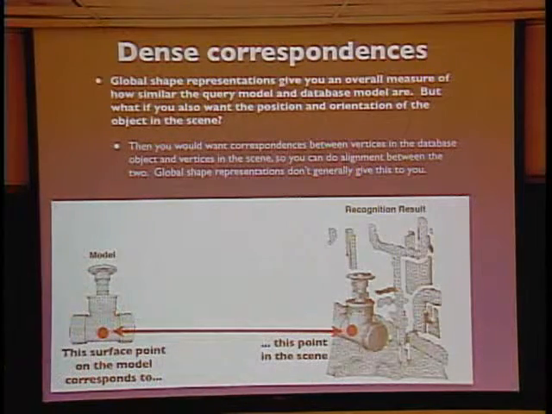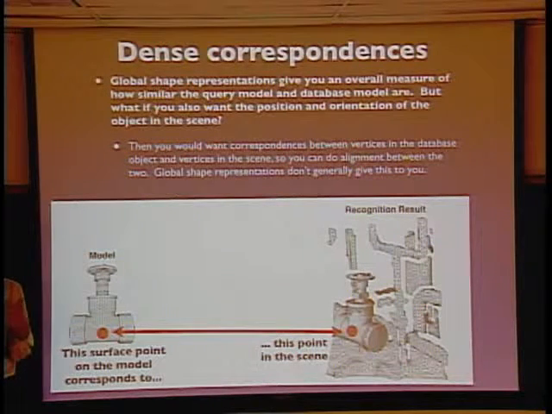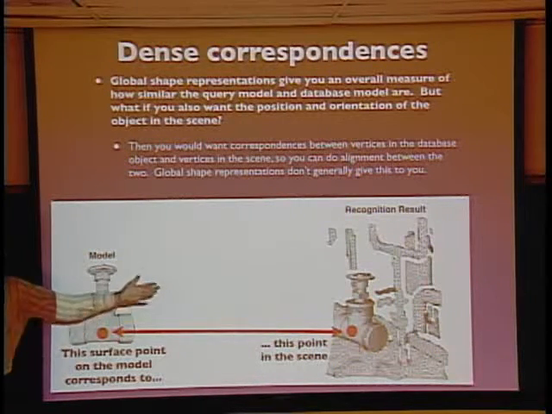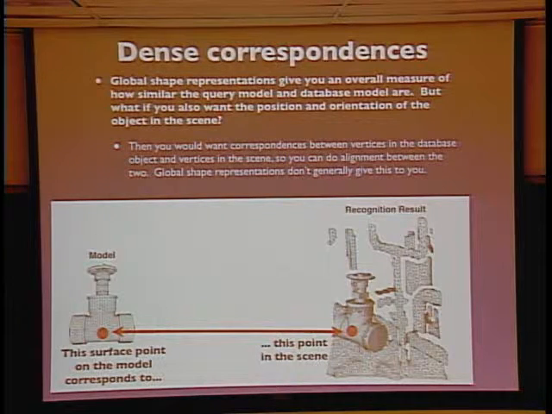Basically get a goodness of fit between the object and the scene. And I can also do things like count up how many of those correspondences I have to get a sense of how confident I am that this object really is where I say it is. The way I talked about global shape representations, you can't really get this level of correspondence between objects, between two different 3D surfaces.